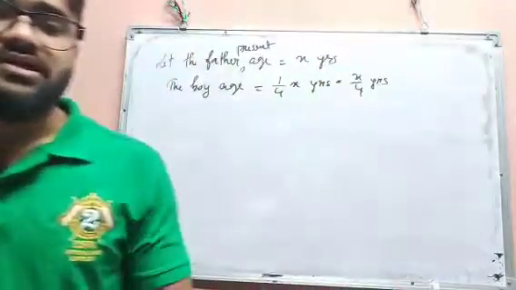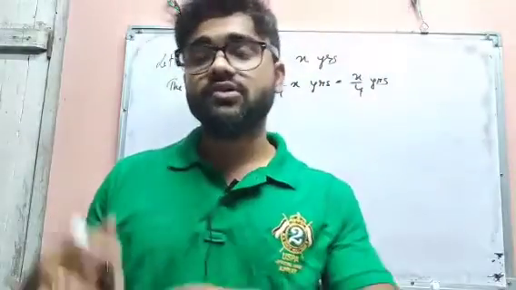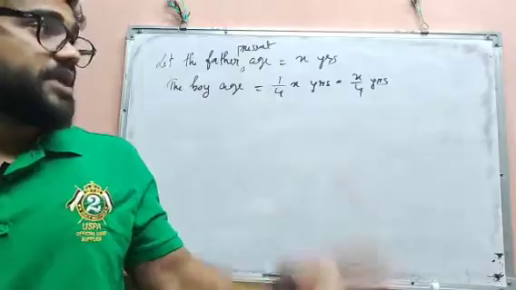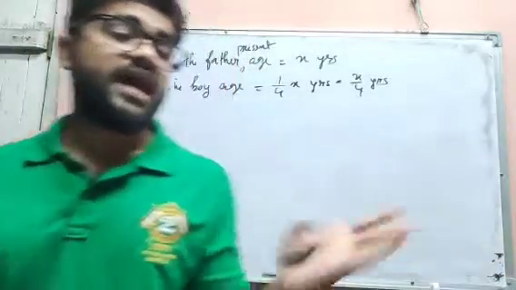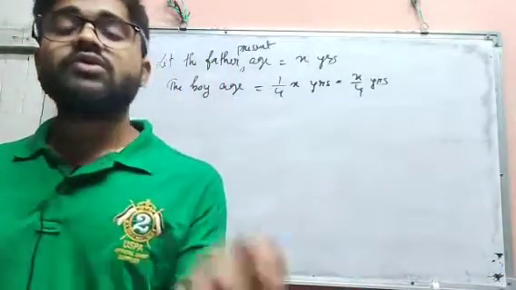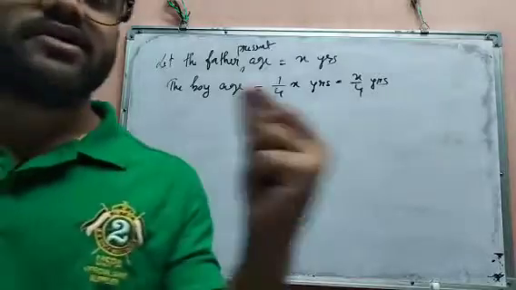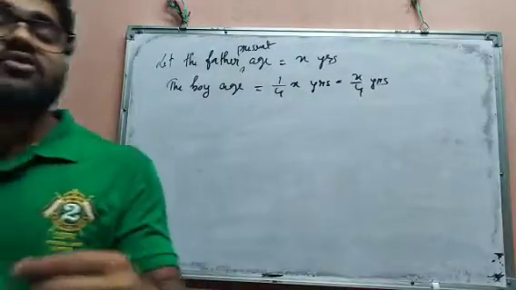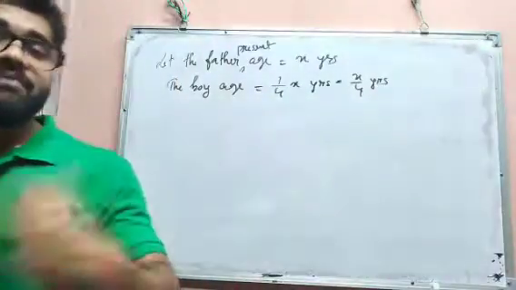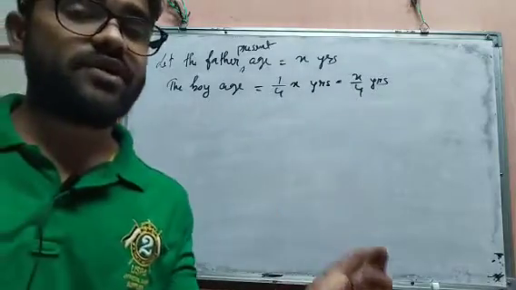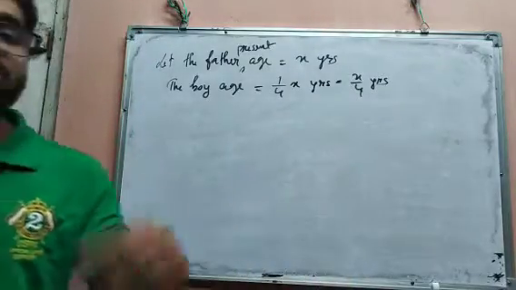Now what are we asked? 24 years later. That means now we have to go to the future. In the beginning of doing the maths, I told you that to go to the future we have to add the given age to the present age, and to go to the past we have to subtract the given age from the present age.